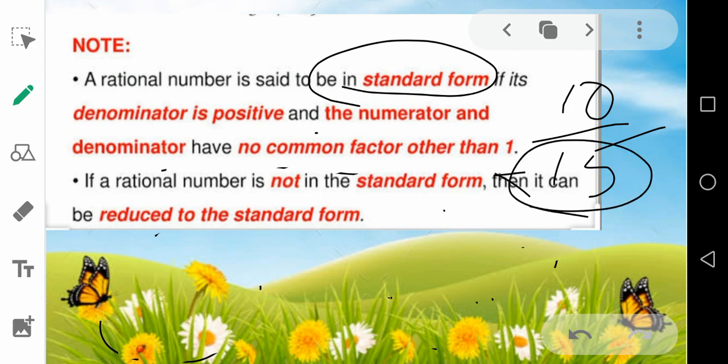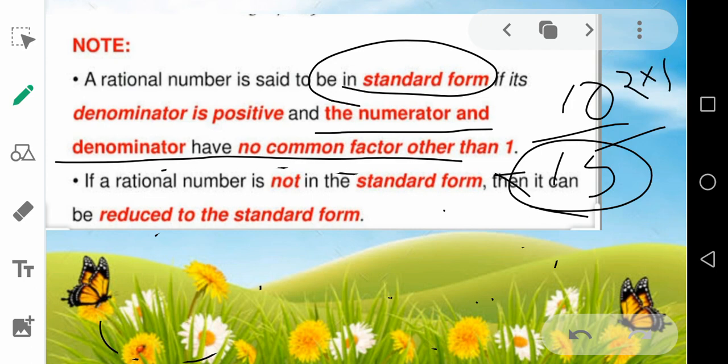But one more condition is that numerator and denominator have no common factor other than 1. 10 is 2 into 5, right? 15 is 3 into 5. So you can see 5 is a common factor for both 10 and 15. So it is not a standard form. Okay, so understand it. Standard form means the denominator should be positive and also the common factor for both numerator and denominator should be only 1.